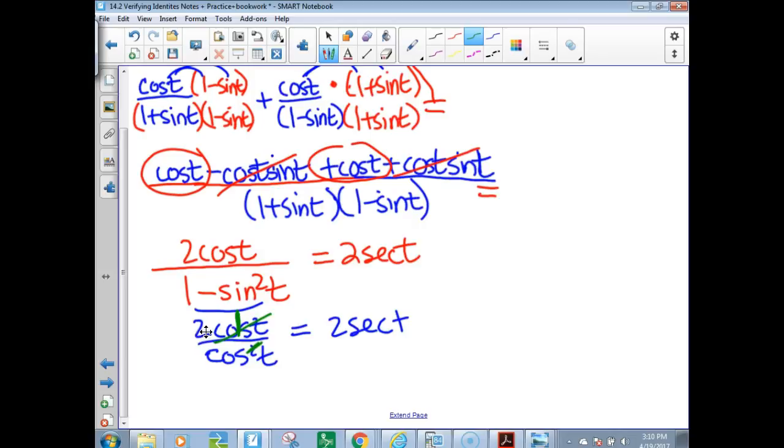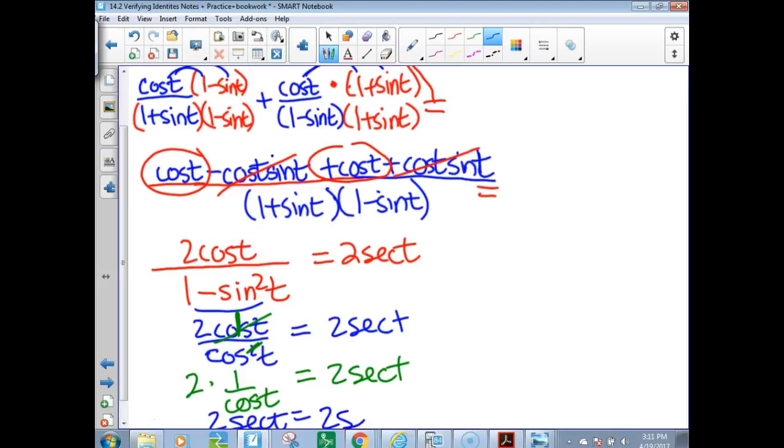So I have 2 times 1 over the cosine of t. Two times 1 over the cosine of t equals, well, 1 over cosine of t is the secant of t, so I'm done. 2 secant t equals 2 secant t.